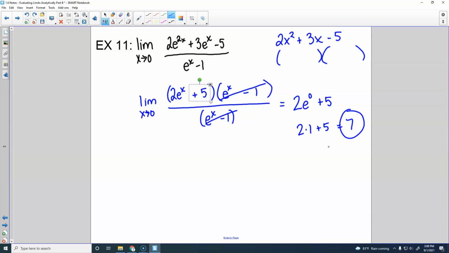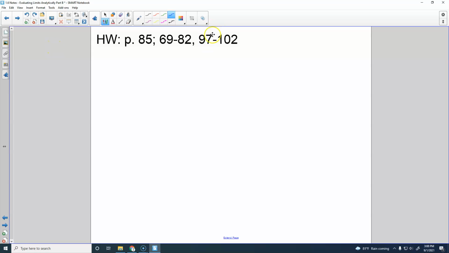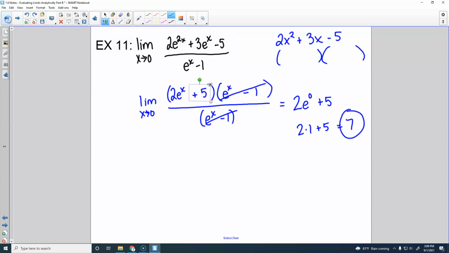Okay. The assignments, do not do 97 through 102 because that's squeeze theorem and I skipped those examples. So do not do 97 through 102. Let me see, there might be one more I need to throw out. Let me look real quick. Yes. Let me see if there is one I want to throw out.